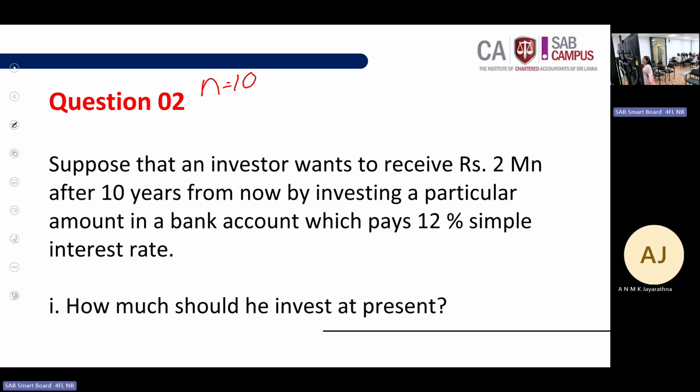You want to receive how much? 2 million. After how many years? After 10 years. Is that future value or present value? That is future value, FV. You want to have 2 million after 10 years from now.